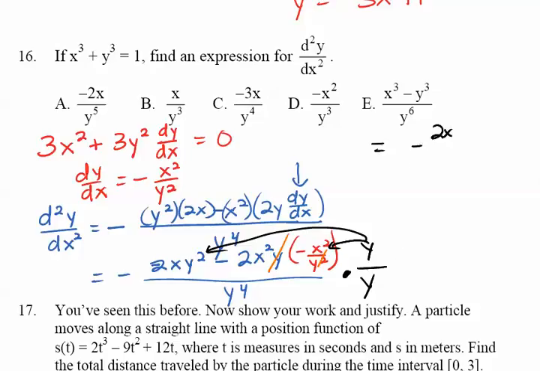So we now have 2xy cubed minus, plus negative times negative. And our y's have canceled out, and we've got 2x to the fourth, all over y is now to the fifth.